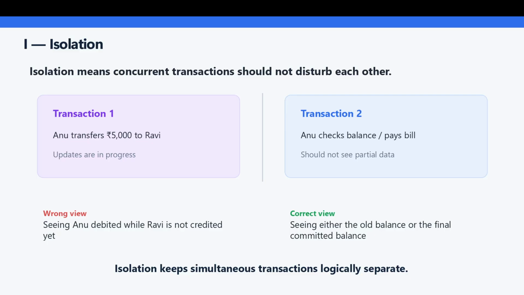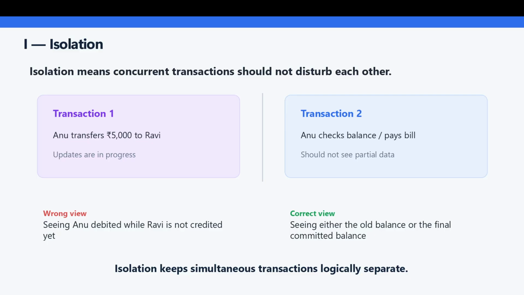Now, while transaction 1 is still in progress, transaction 2 should not see incomplete or partial information. For example, it should not see that the amount has already been deducted from Anu's account while Ravi's account has not yet been credited. That would be a wrong intermediate view.